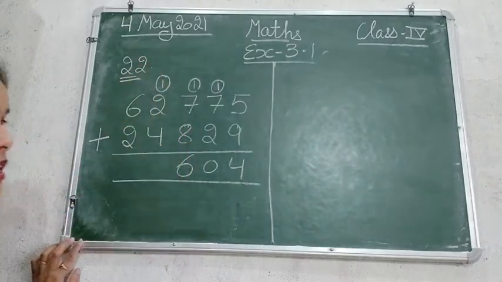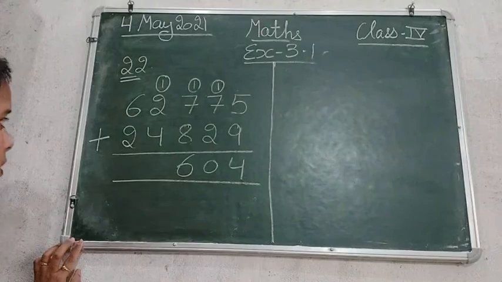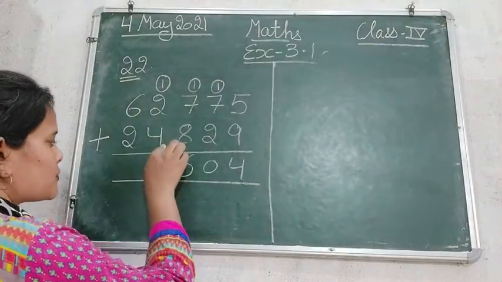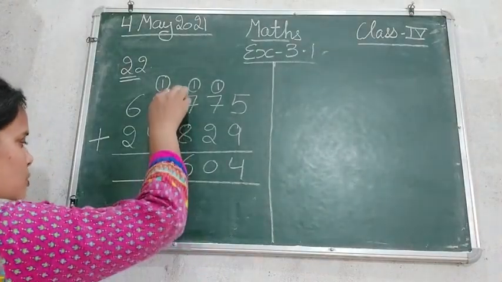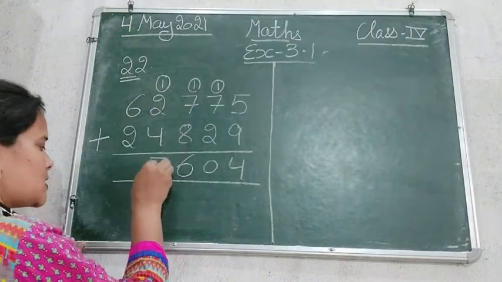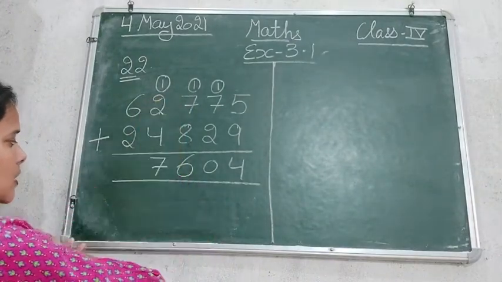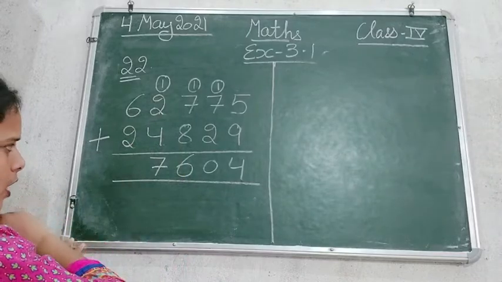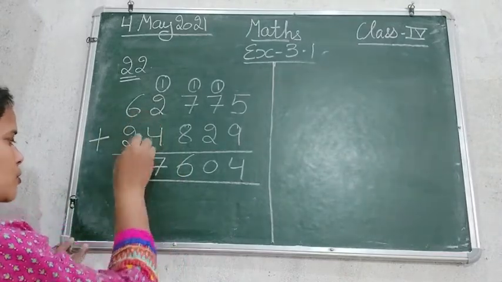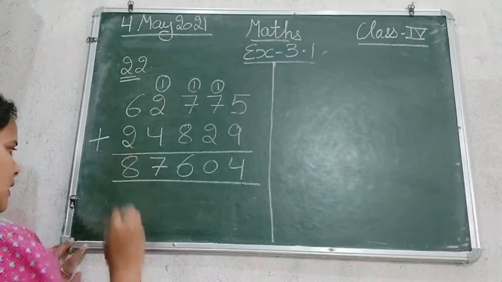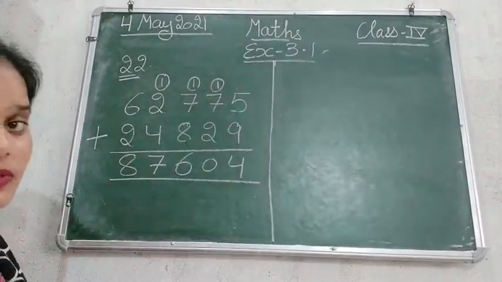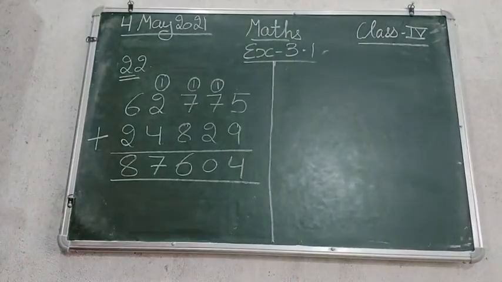Next, 2 plus 4, 6 plus 1. This is 7. Okay, तो इसमें देखिए कोई भी कैरी फॉरवर्ड नहीं होगा. नेक्स्ट 6 plus 2, 8. That is 87,604.